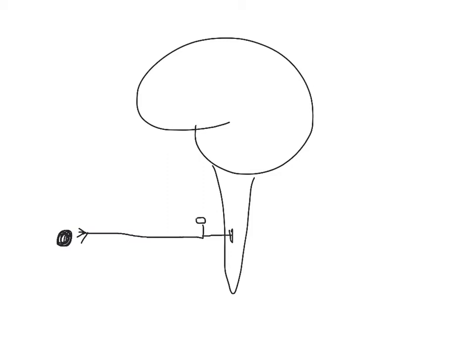Right? So this is our somatosensory pathway. That neuron is going to synapse onto another neuron, and that neuron is going to go up where? Yeah, to the thalamus. So that's the thalamus right there. Okay.